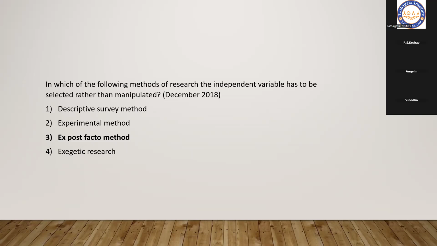So in this ex post facto method, the independent variable has to be selected rather than manufactured. I have a small doubt. Just give me one second. Did I do that today? Ex post facto method. Right, we will hold on this question because can someone tell me whether I explained this ex post facto method today?